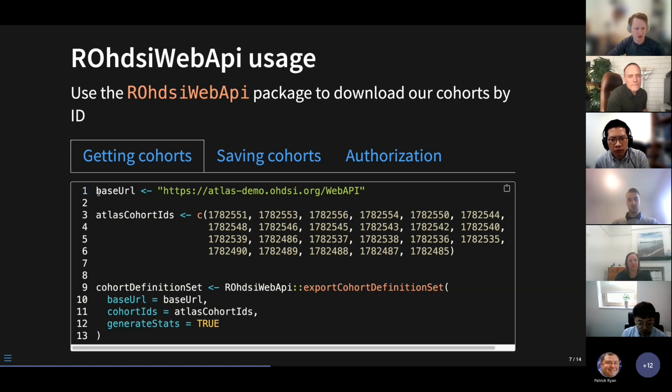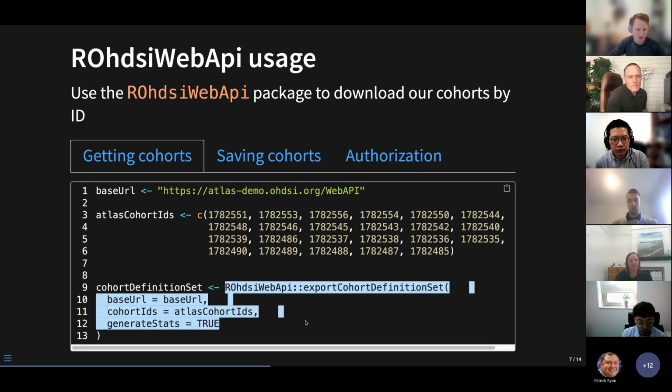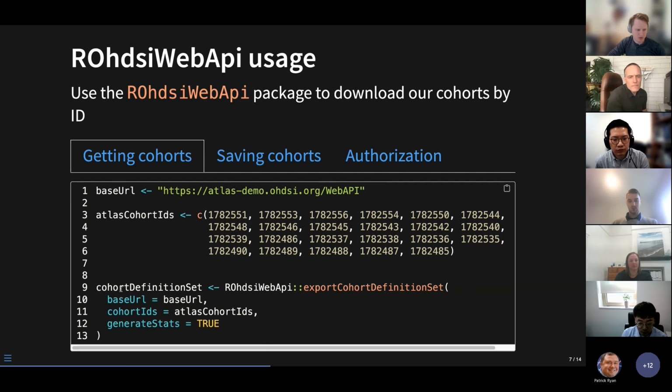But for this demo, you shouldn't need to log in. You can just literally copy and paste all of this code here. You get the correct IDs that we found on the Atlas website, and then we use our OHDSI WebAPI package to export them into an R data frame that contains all of the necessary things that you need to run these cohorts.